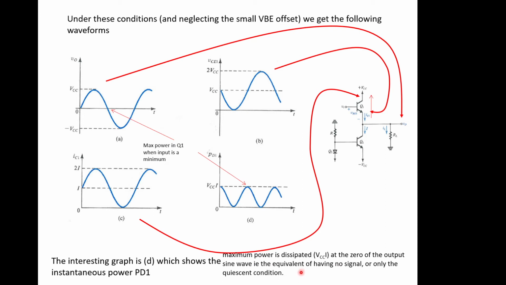Effectively, under quiescent conditions with no signal, we would get a flat line of dissipation, which is VCC times I, a significant amount of power. So that's our worst case: worst case power dissipation happens when this transistor doesn't have an input signal going into it. It's just idling, and that's not a good place to be. That also means this one is in the same conditions, because it's going to have VCC and I flowing through it as well. So we've got maximum dissipation in both transistors with no signal coming in.